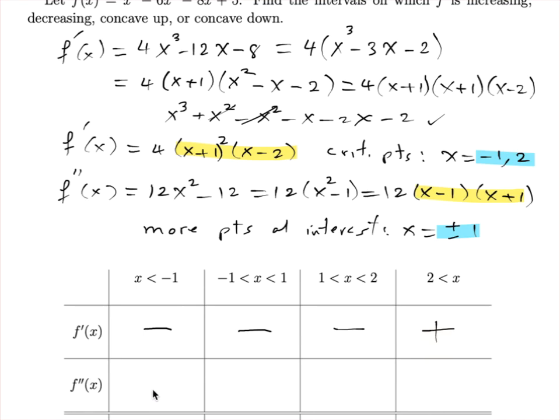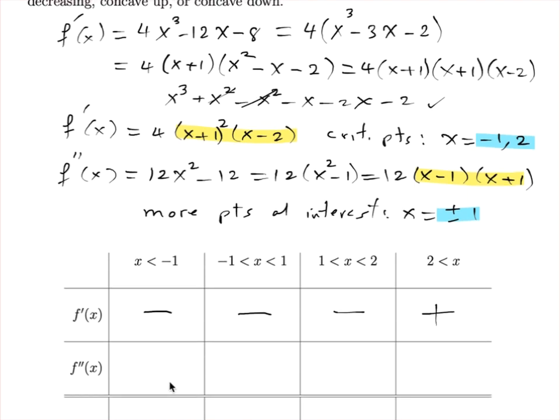So now let's do the second derivative. And the second derivative has these factors. It changes sign at 1 and at negative 1. For x less than negative 1, this is negative and that's negative. Negative times negative is positive. At negative 1, it changes sign, so this has to be negative because this is a factor x plus 1.